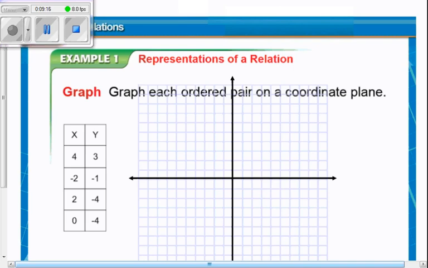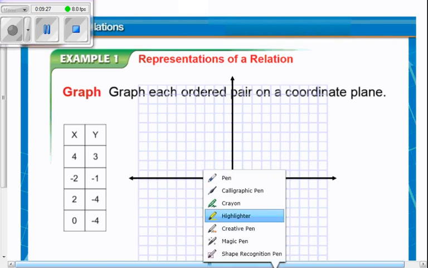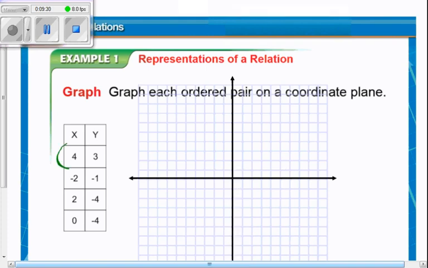So when we graph each ordered pair on a coordinate plane, we look at this and we know this is the same as an ordered pair. Okay. This right here is the same as an ordered pair. Okay, and so from your 7th grade days, you should remember that if it's positive, this one is our x-axis, this is our y-axis, and if we've got +4, then we're going to go to the right. 1, 2, 3, and 4, right?